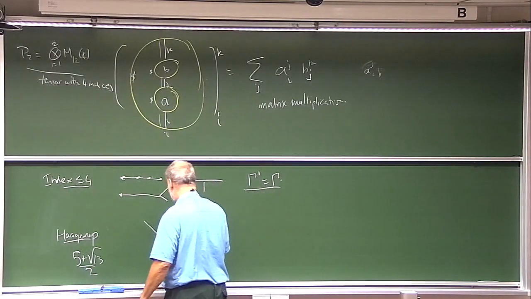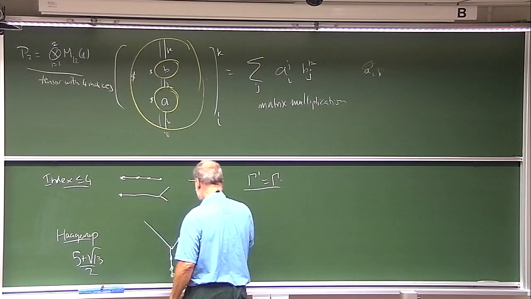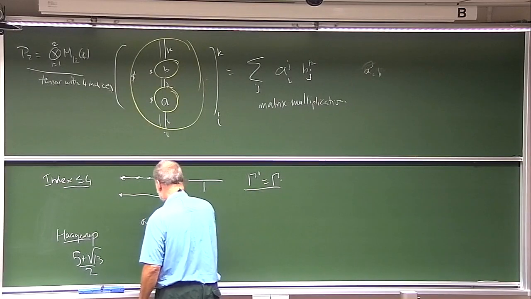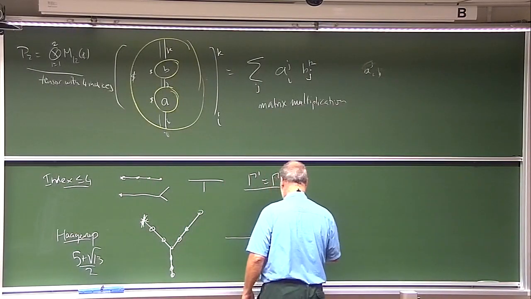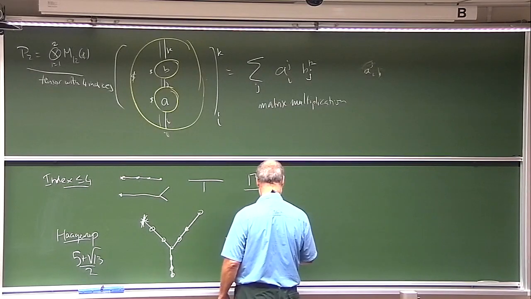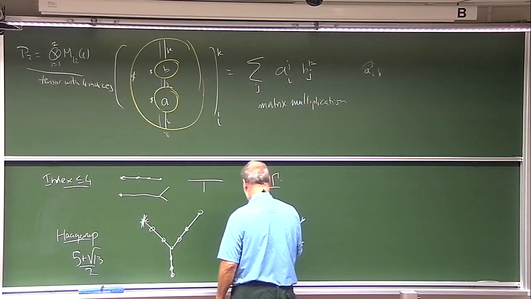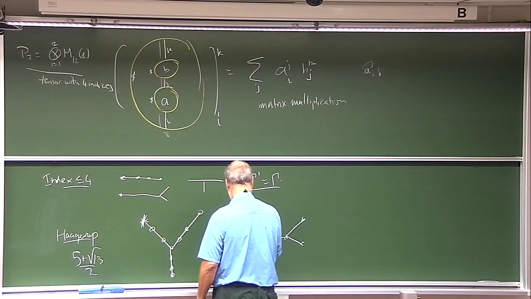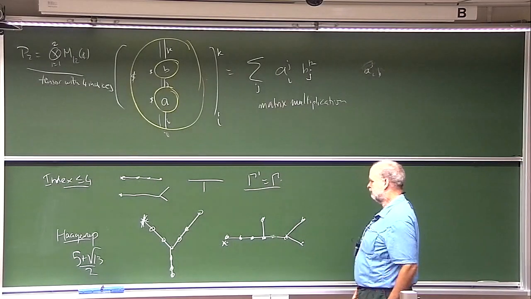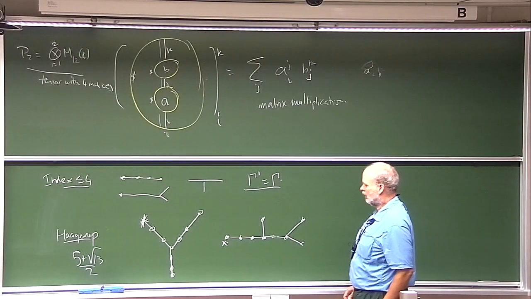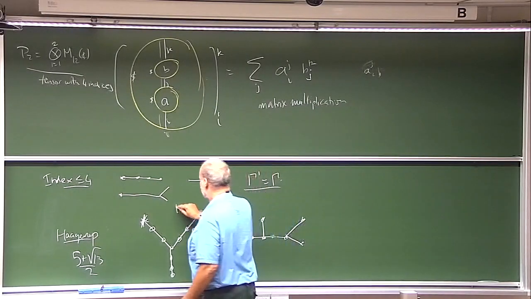There I drew two principal graphs. The star there and this one here. I've got the right number of vertices and things. Well, these are dual. Okay, one of these is gamma, and one of these is gamma prime.